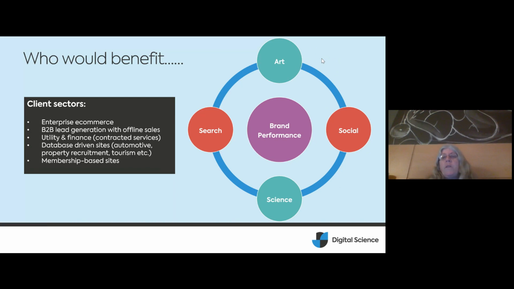So brand performance means that you can use data to do brand marketing as well as using data to do performance marketing. And then if you link them together in a sequential campaign, you can get the best of both worlds.